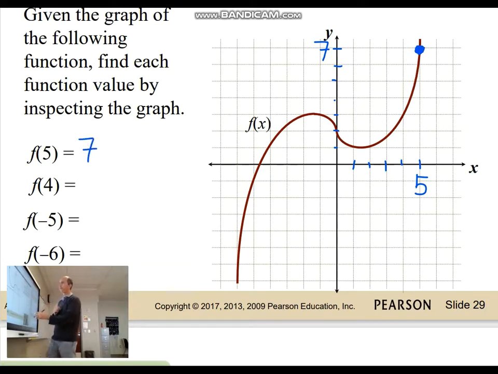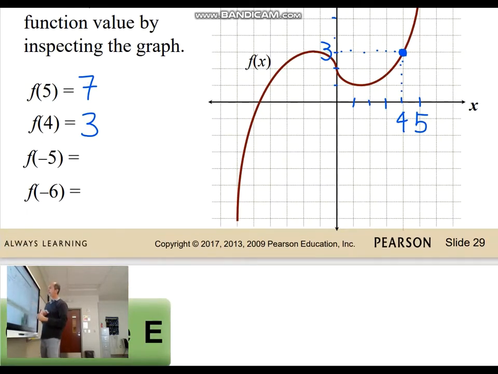f of 4, and 4 is here. So let's check the point on the graph for x equals 4. The y is going to be 3. So f of 4 equals 3. f of -5.